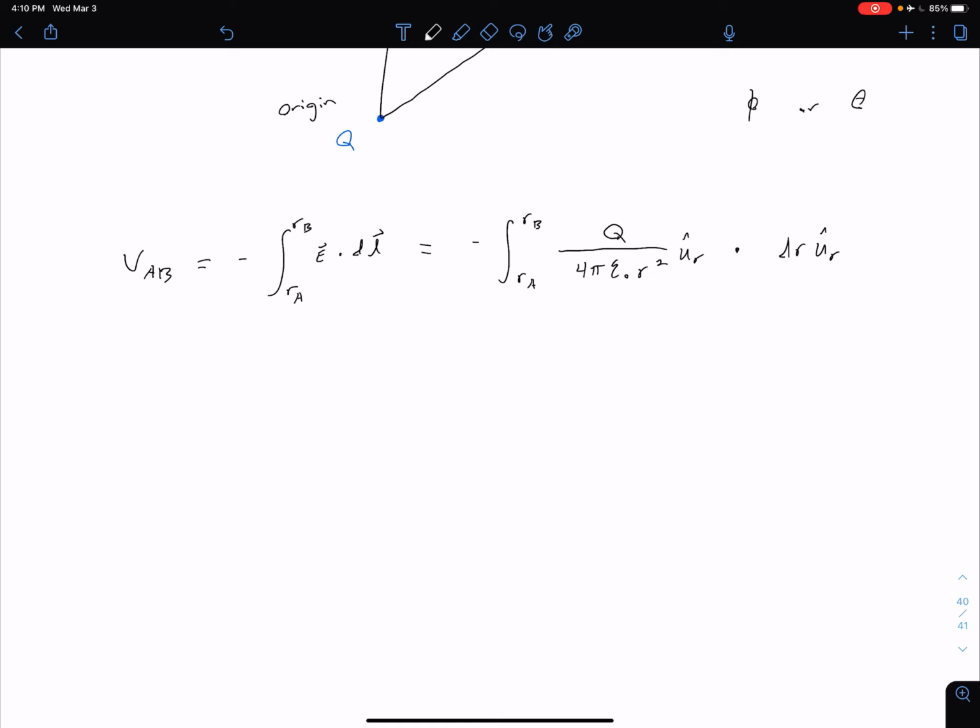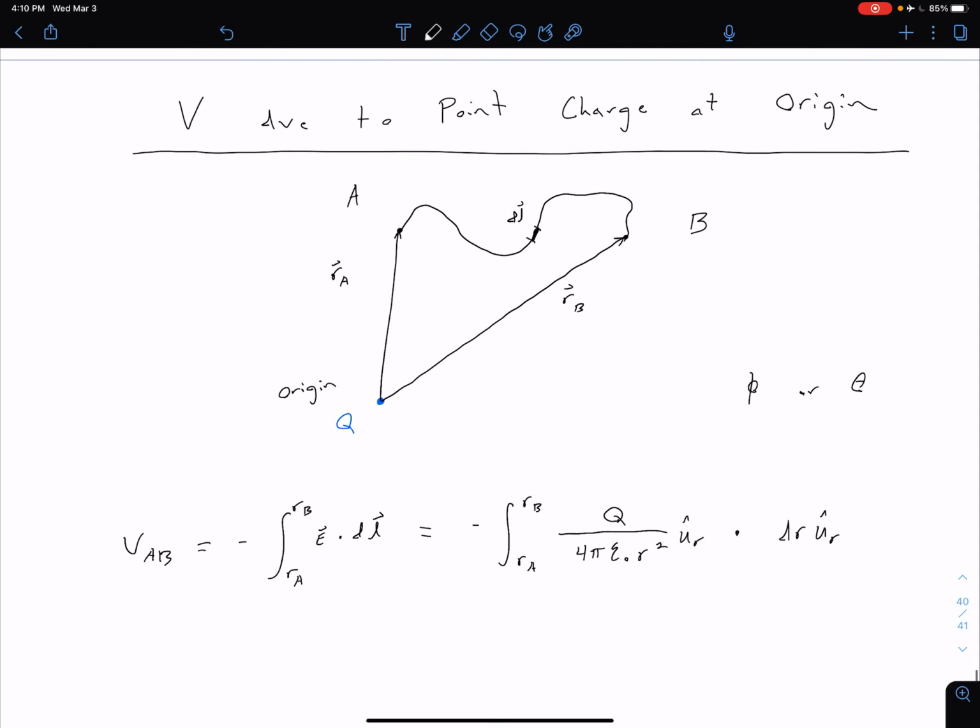I've not shown the full vector here, but we potentially have some phi and theta component depending on the path. But remember, ultimately this is going to be independent of our path such that only that r component matters. Independent.